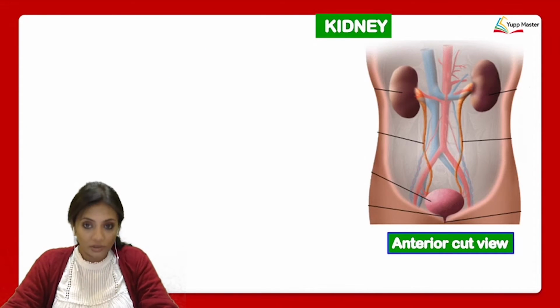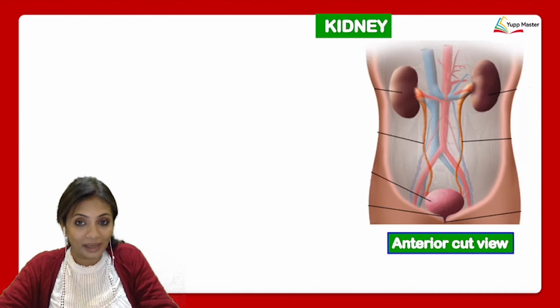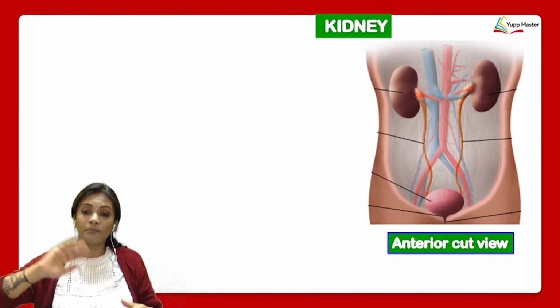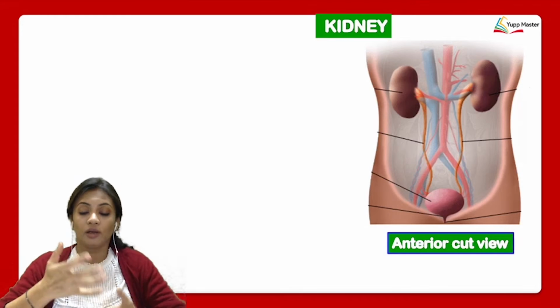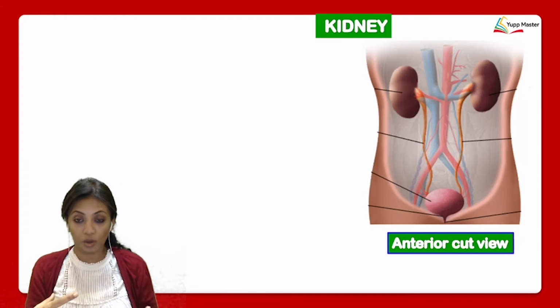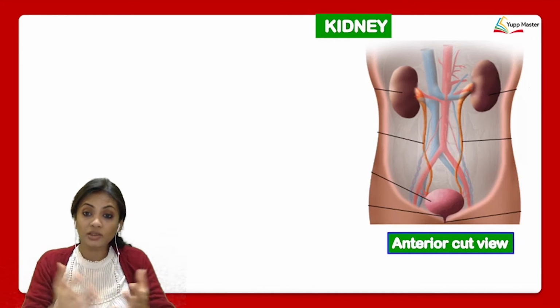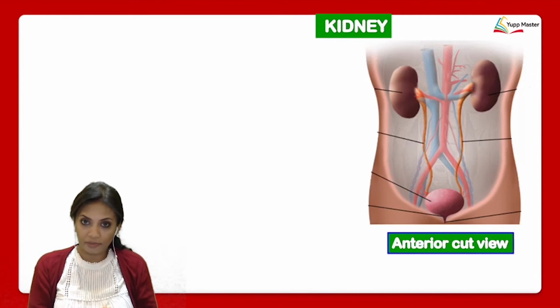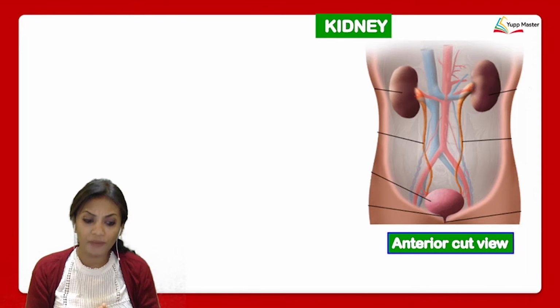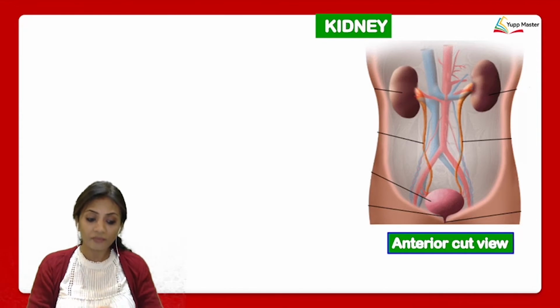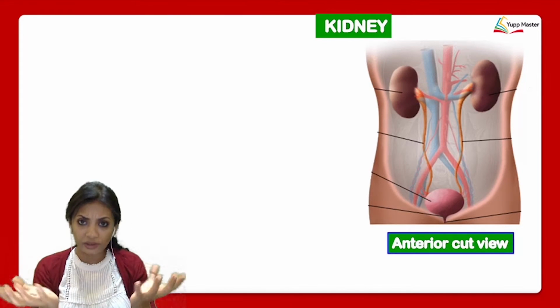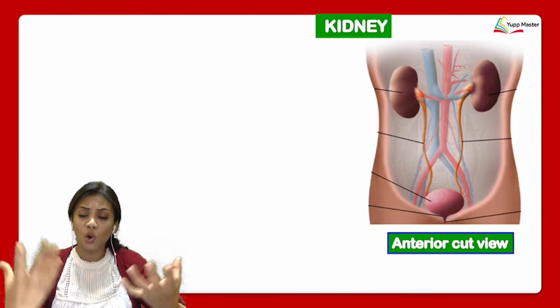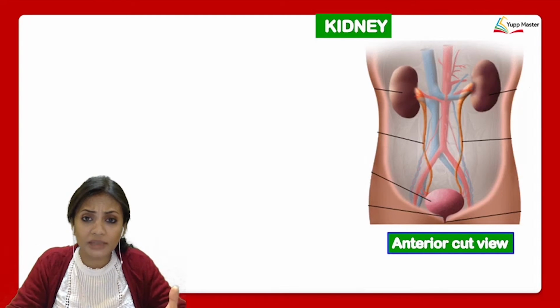Now, we also see, as I told you a little while back, that the kidneys are attached to the posterior body wall. Now, when they are attached to the posterior body wall, in front of them is the whole digestive system. Always remember that each and every organ of our digestive system is covered in a whole layer, and that layer is called the peritoneum.